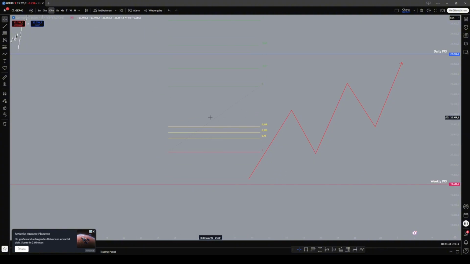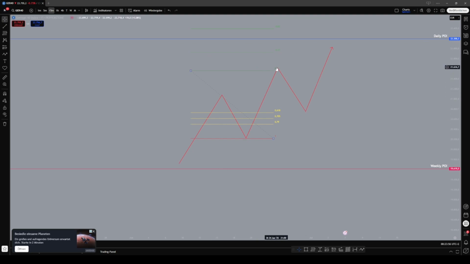First of all, I will now apply the 1 to the higher low, because now we are in an uptrend. So if I want to identify a retracement in an uptrend, so the higher low, I have to draw the line from a higher low to a higher high. The most important thing is that the low is formed first, and after that there also has to be a higher high.